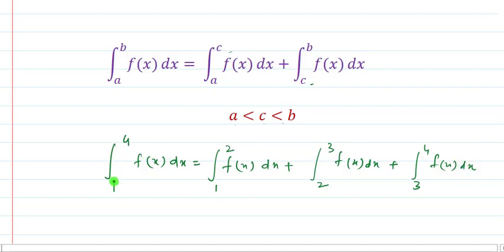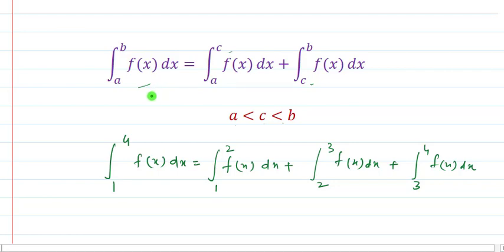So we can break the limits into small chunks like I have done over here. This can be done in 2 steps, 3 steps, 4 steps, whatever steps we require. Again, by using this property, there is no change in the value of the integral.